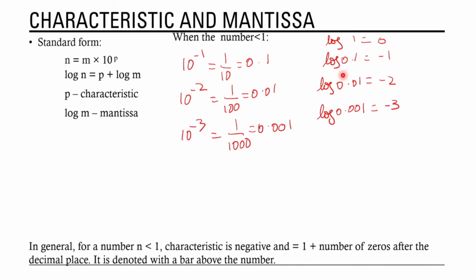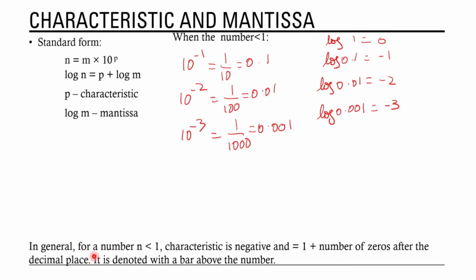When the given number is between 0.1 and 0.01, the value of log is between minus 1 and minus 2, and so on. So, in general, for a given number n which is less than 1, the characteristic is negative and it is equal to 1 plus the number of zeros after the decimal point. Usually we denote this characteristic with a bar on the figure.